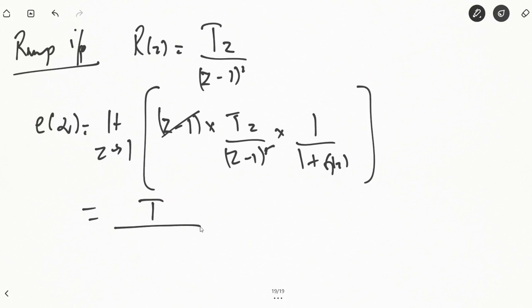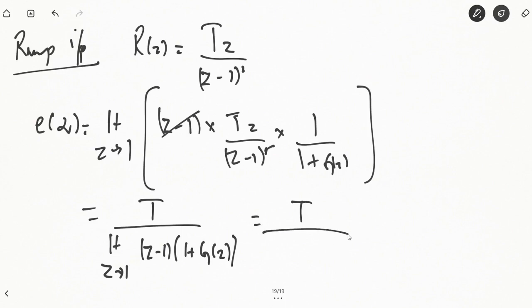This will come out to be T divided by limit z tends to 1 (z minus 1) into (1 plus G(z)), which implies T divided by limit z tends to 1 of z into (1 plus G(z)), z minus 1 into 1 means z minus 1, plus limit z tends to 1 (z minus 1) G(z).